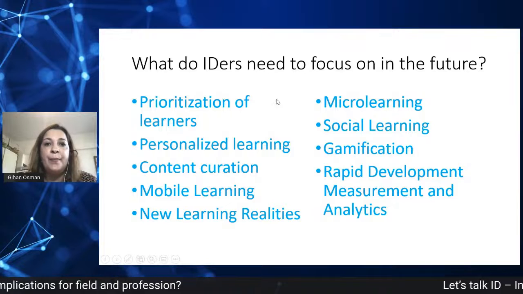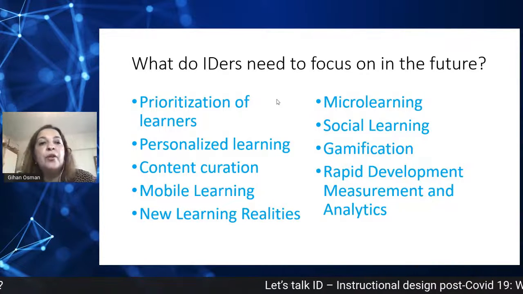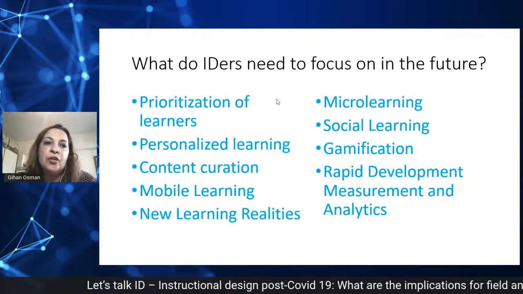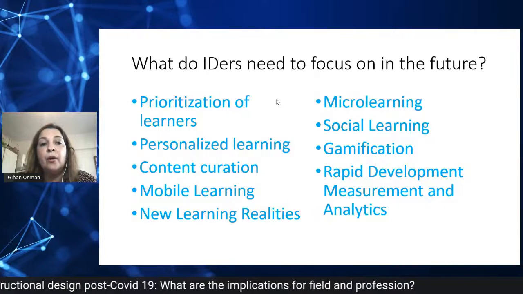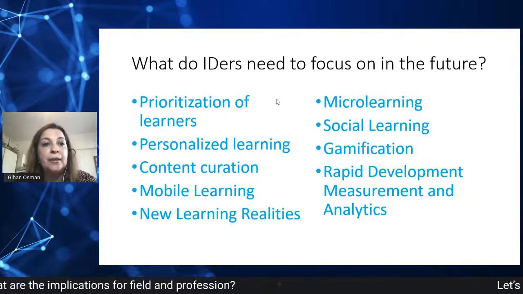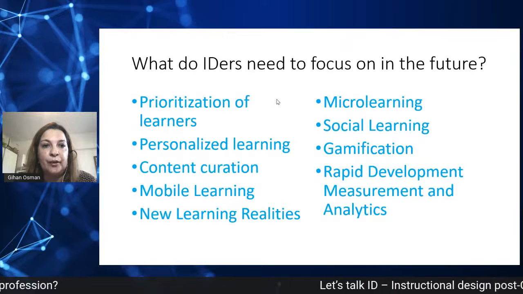So I think in the future, we might want to focus as instructional designers on multiple things. The prioritization of our learners as human beings. Again, going online and discovering that people have different needs. We have to rethink personalized learning.